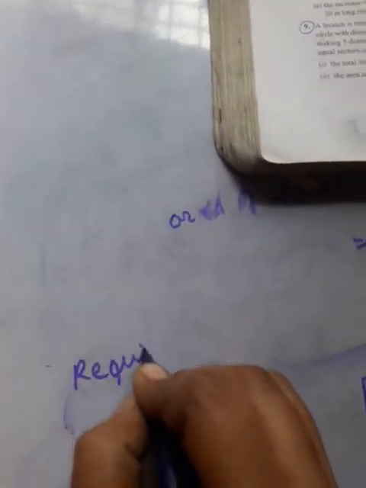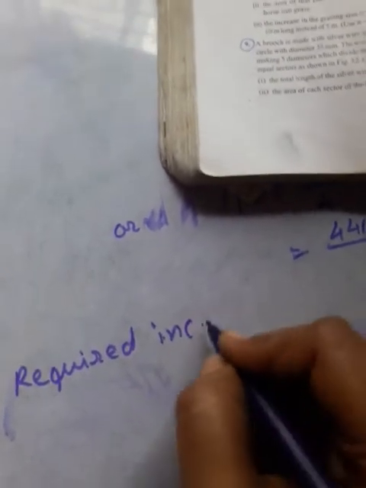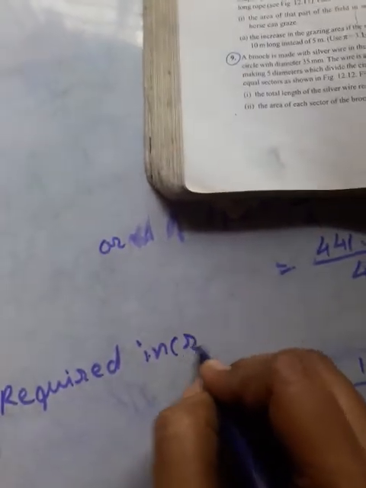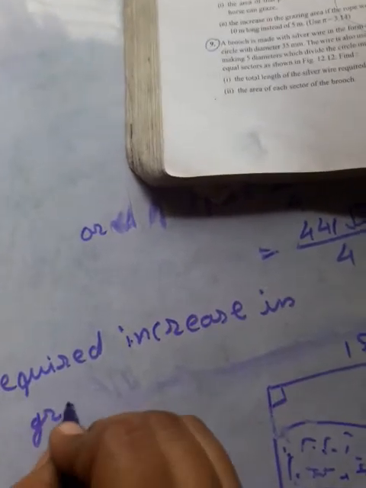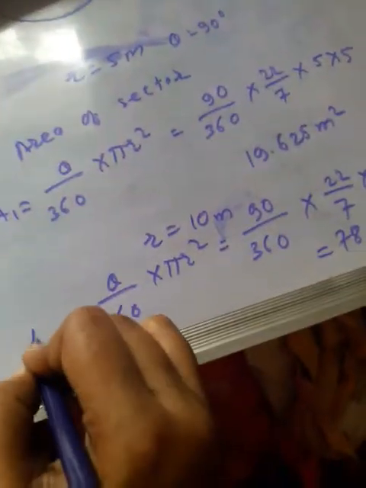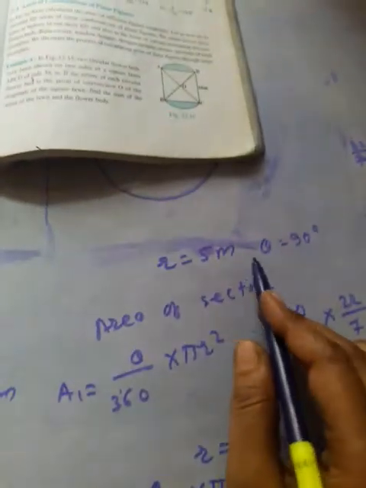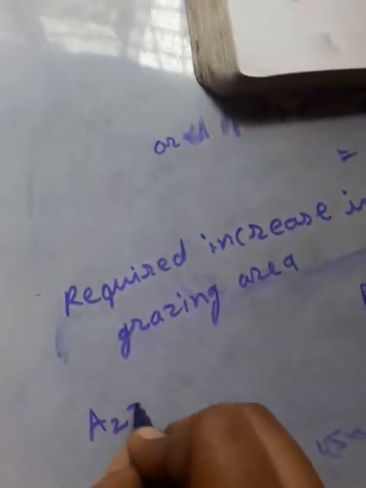So the required area, or increasing area, you can take. Increase in the grazing area means, suppose this is our A1 and this is our A2. In A1 the radius is 5 meters, in A2 the radius is 10 meters. So increase in grazing area means A2 minus A1.